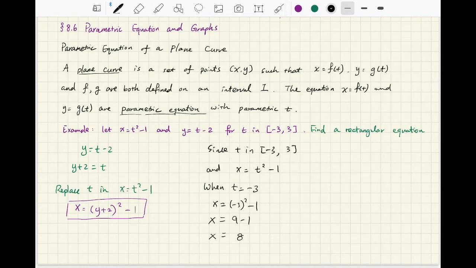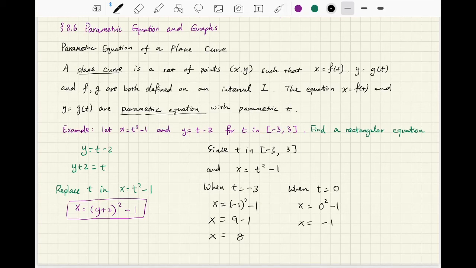We know we cannot use t equal to 3 because when t equal to 3, it's still going to be 3 squared minus 1 equal to 8. So let's do, for example, 0. When t equal to 0, x will equal 0 squared minus 1, which is negative 1.